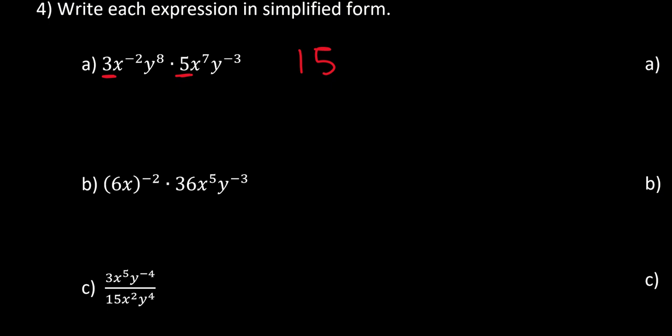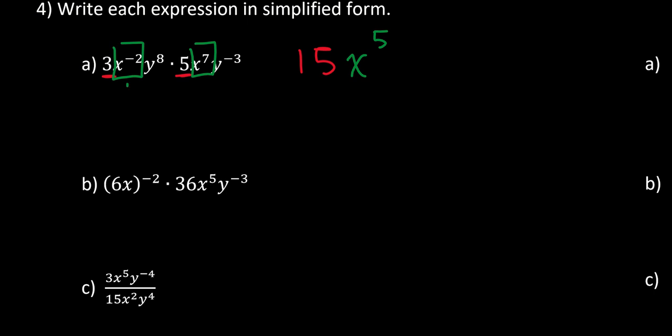The other thing let's look at is I can see here I've got an x to the negative 2nd and an x to the 7th power, and when I multiply those together, that's going to leave me with 5 factors of x. So I can just write this down as x to the 5th power. -2 plus 7 is +5.